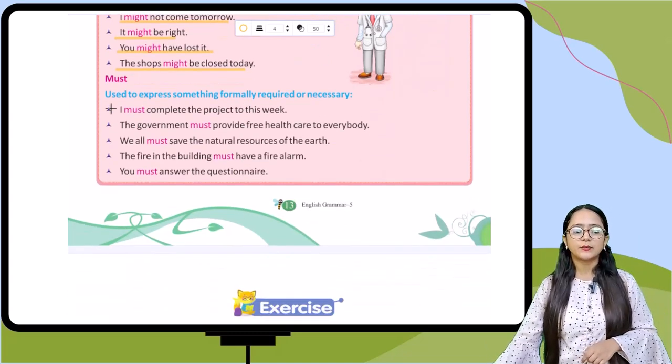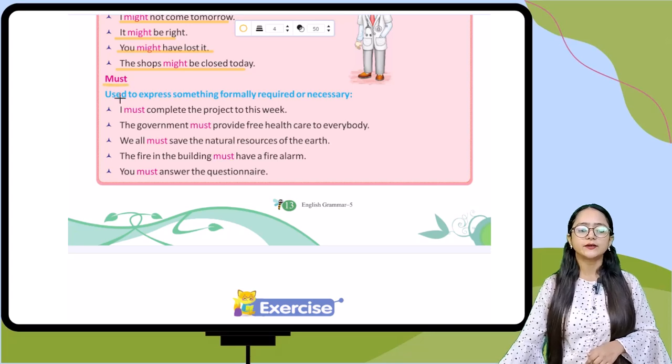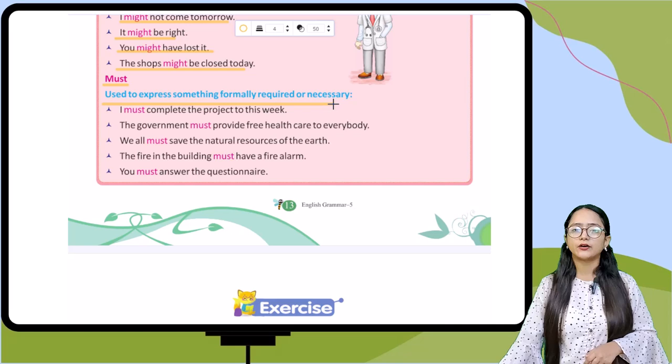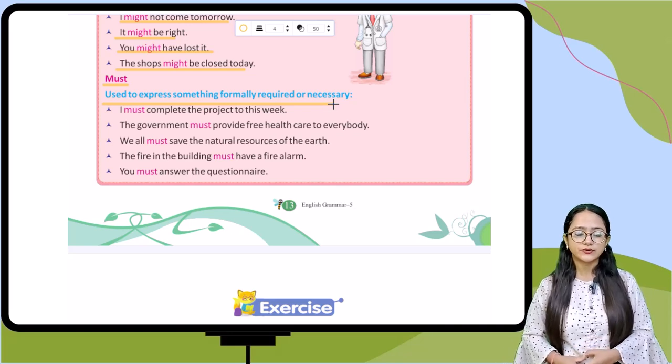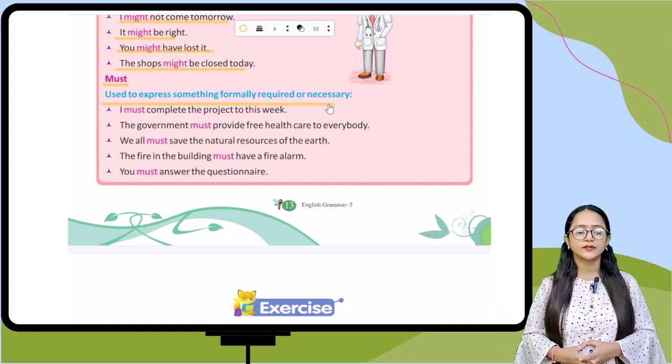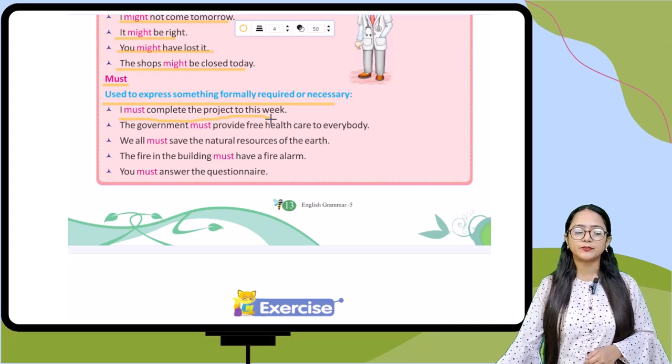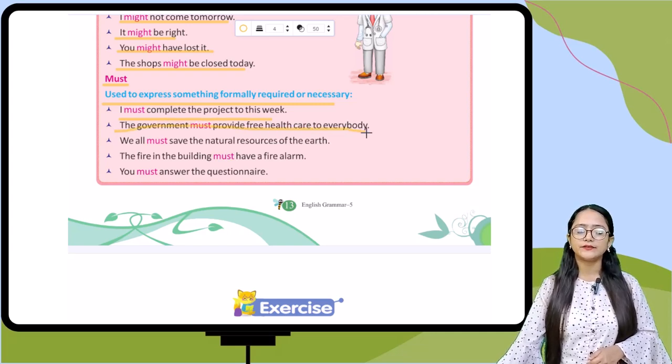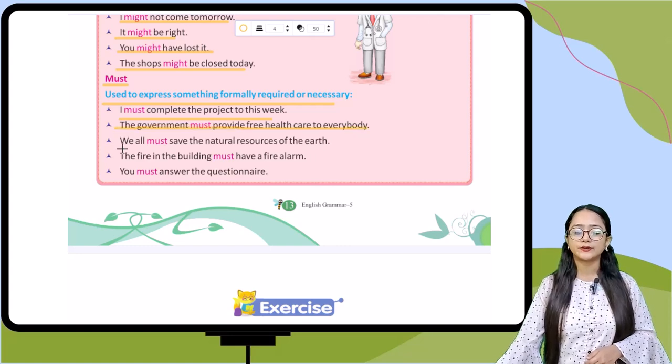Now let's talk about another modal, which is must. It is used to express something which is formally required or necessary. So for example, I must complete the project this week. The government must provide free health care to everybody.